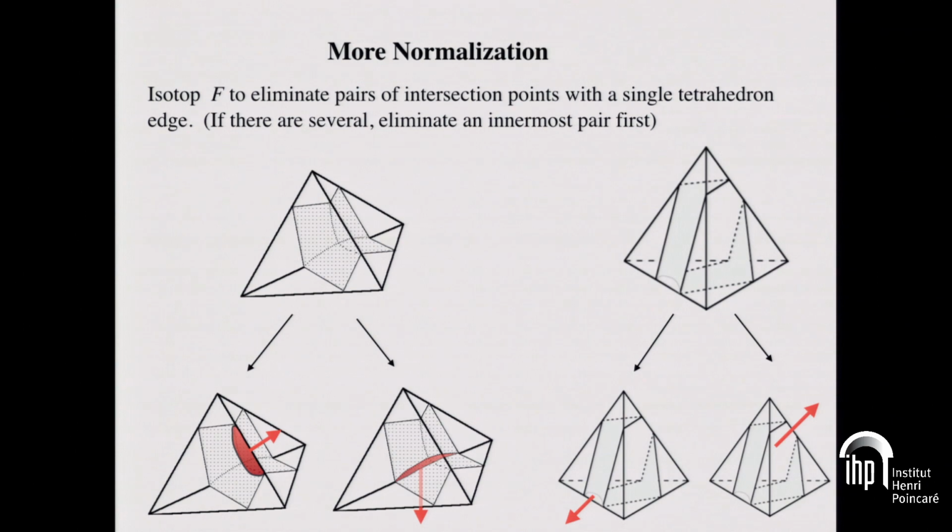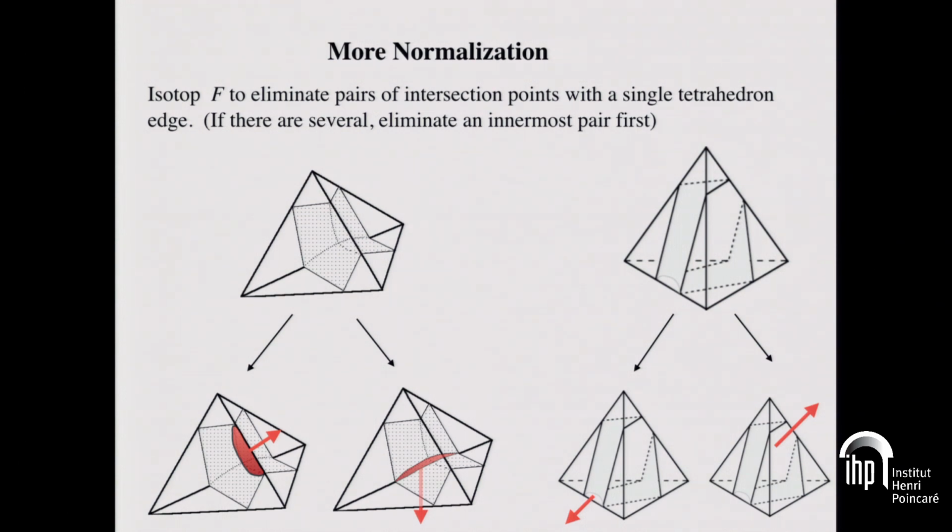Okay, so there's one more case. Having gotten rid of all these looping back arcs and closed loops in faces, you might have thought we were already normal, but we weren't yet. These are examples of other surfaces which are not normal.